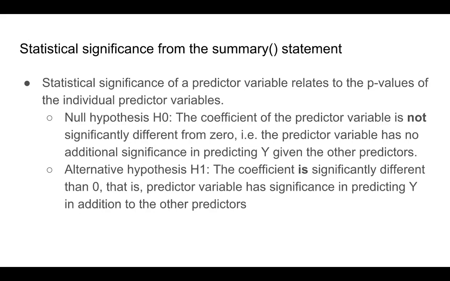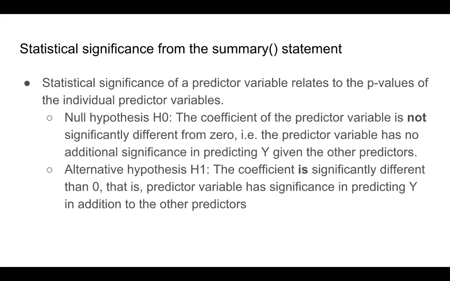Your alternate hypothesis is that the coefficient is significantly different than 0. That is, the predictor variable has significance in predicting y. So what range of p-values do you need to accept your null hypothesis and to accept your alternate hypothesis? Anyone?